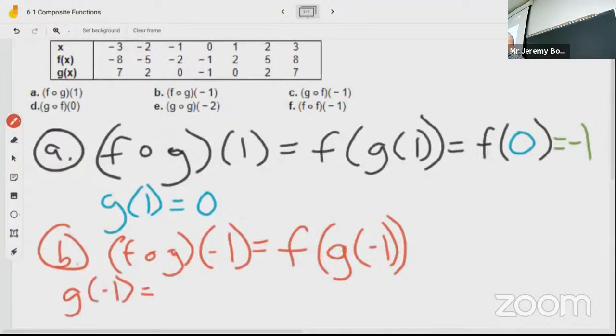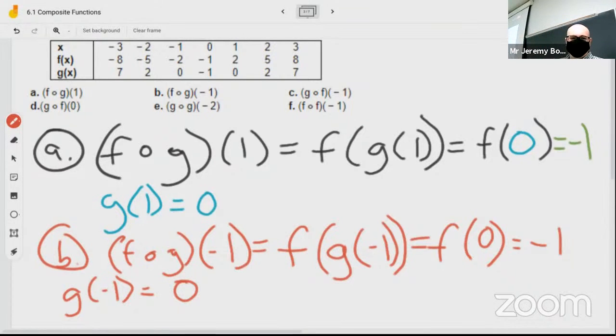So G of -1 is what? -1 in the G, I get 0. Yep. Just so happens that they're the same. And so we're going to do F of what now? 0. And we already know that that's going to be -1. Any questions on that one?